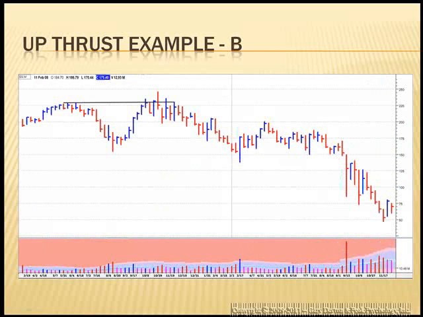Here's where we were. Here's that upthrust right here. And there we go. So we went from, I guess it was just under 250 all the way down to $50. So we lost quite a bit.